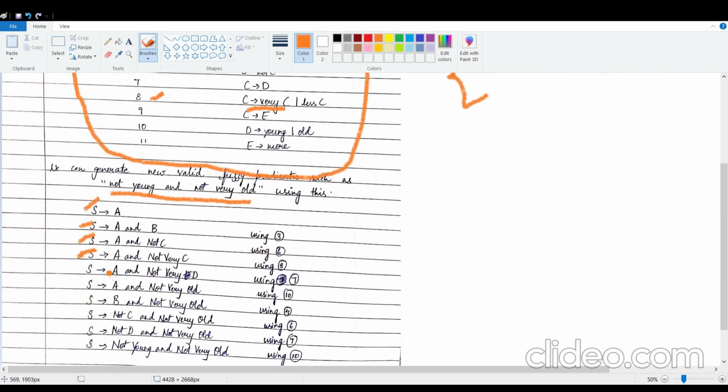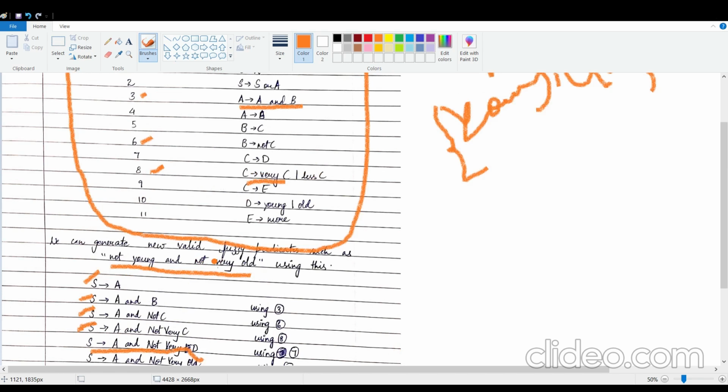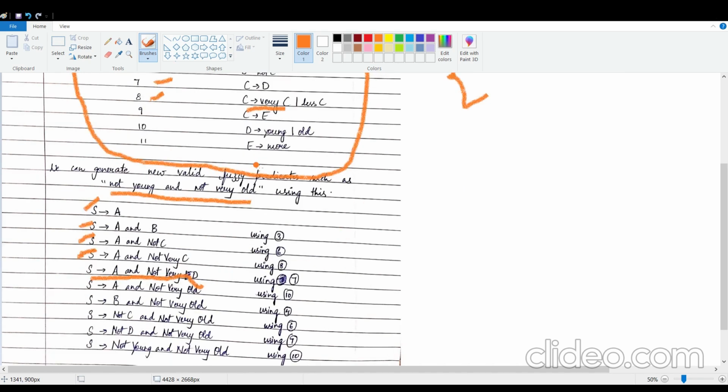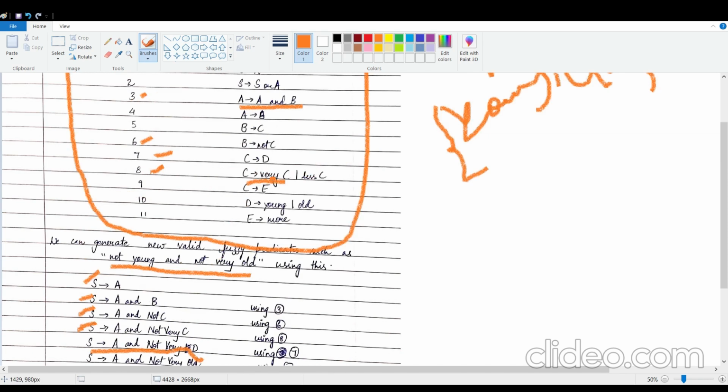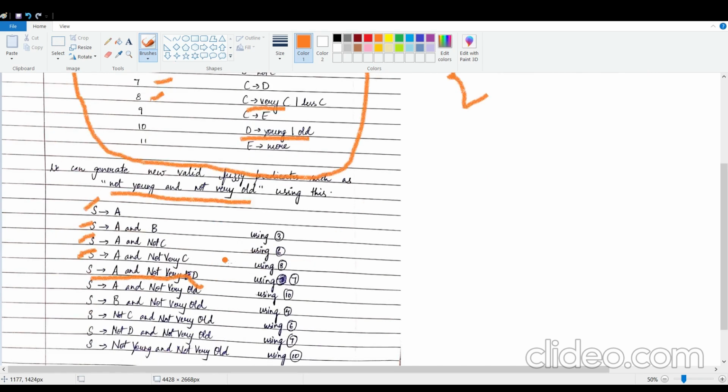And from there, you can go ahead and then find out A and not very D. Okay, so this is present in 7. From C implies D is where we are getting that. So C is replaced by D here. And now D, it refers to young or old. And since we are dealing with old here, I'll be using old. So now S implies A and not very old.